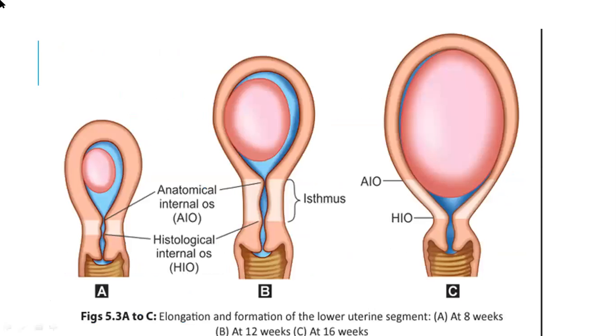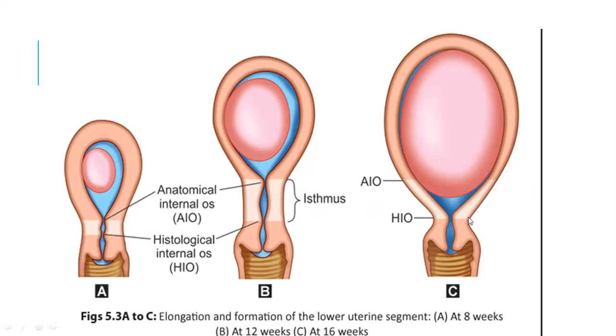So what happens? At 8 weeks, this is the anatomical internal os, and this is the histological internal os. This is the area of the isthmus. At 8 weeks, it is almost closed. At 12 weeks, it slowly elongates.